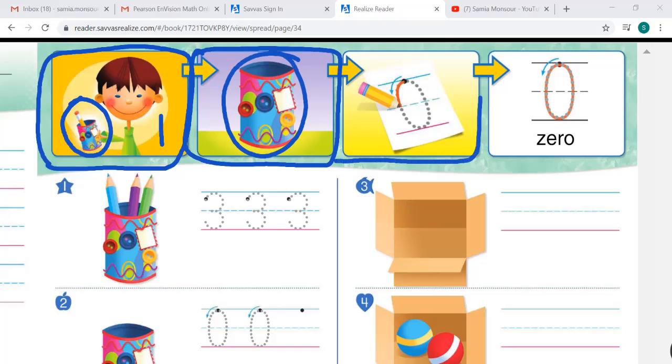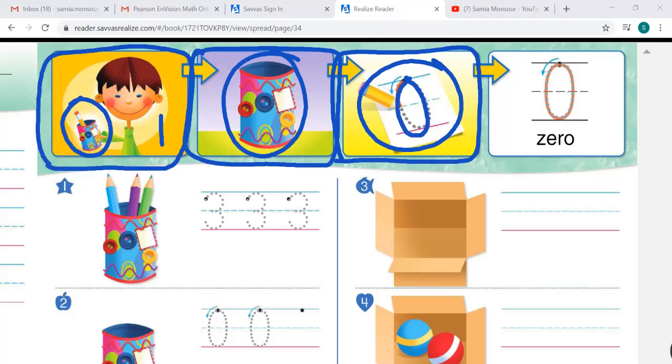Let's look over here in the third box. What do you think this number will be if you trace it? 0. That is correct. Where do you start to trace the number? At the dot. So we start here and we trace it around and we go back up.